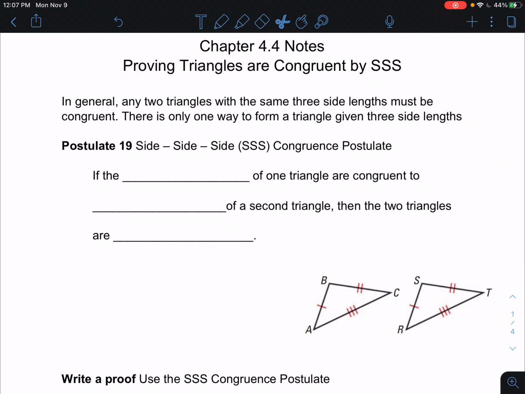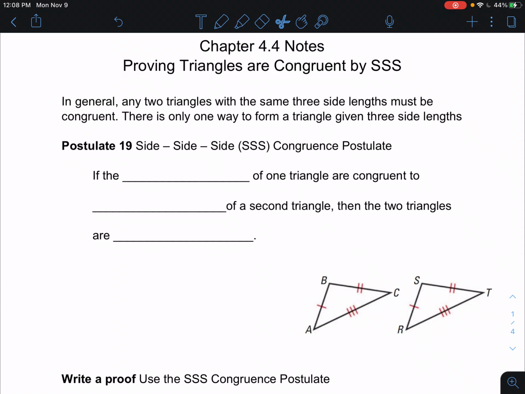The first one that we're going to do is side, side, side. This is called side, side, side because if we prove that each corresponding side of the triangles are congruent, then they're congruent triangles. Just by having the sides, we can determine if triangles are congruent. We don't even need the angle measurements if we have all 3 sides being congruent.